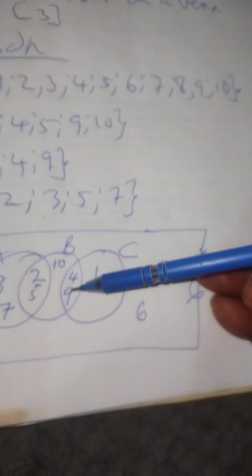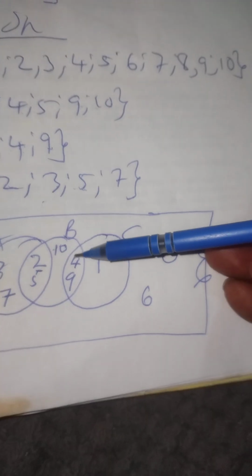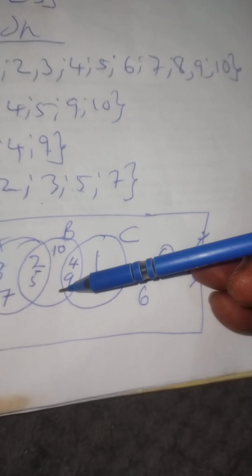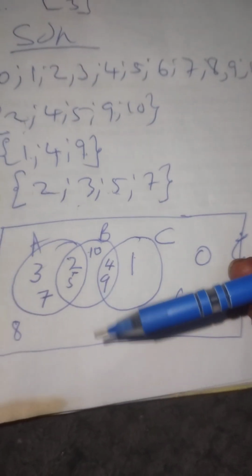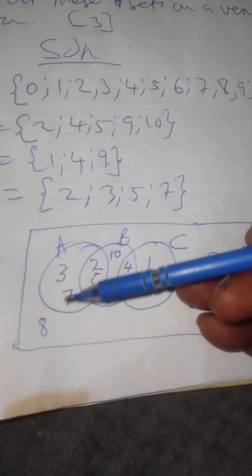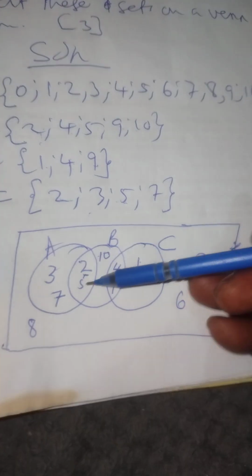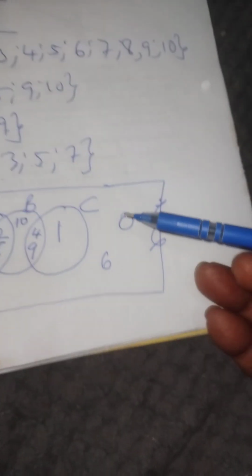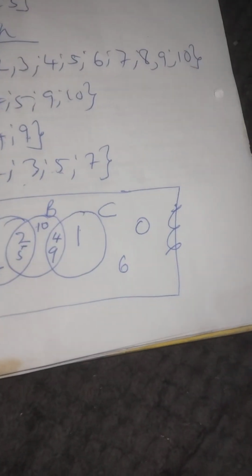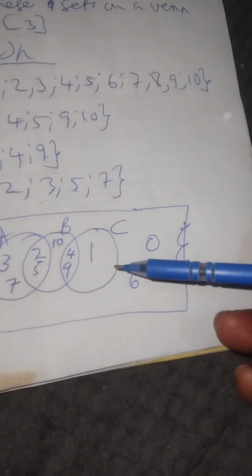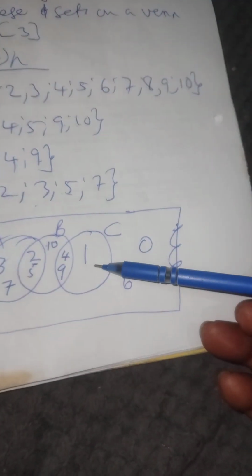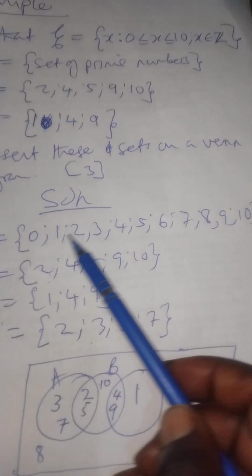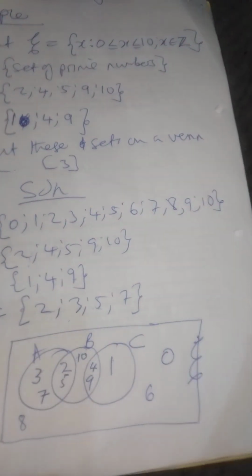So 4 and 9 are found in both B and C. We bring them here, but they belong both to C and also to B. Those are the intersecting regions. Then outside the subsets, you write the elements in the universal set which are not yet included.